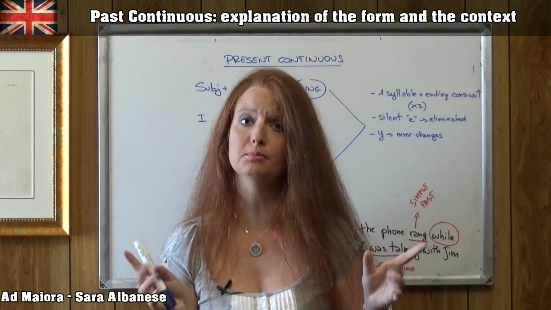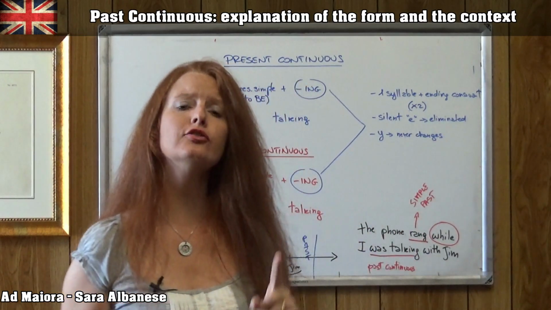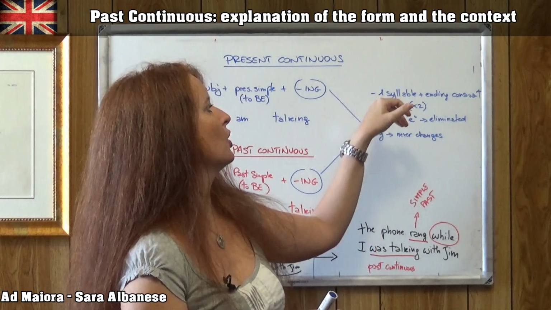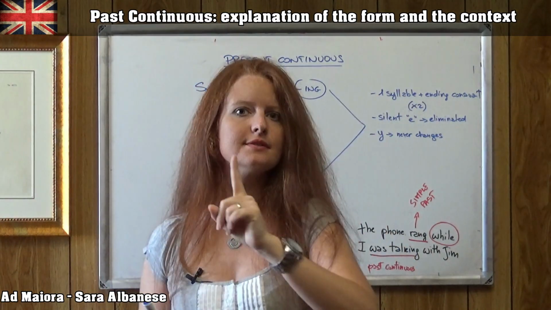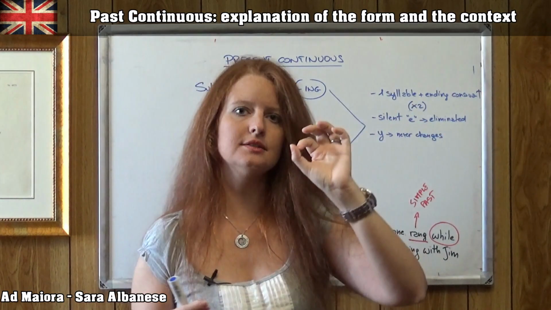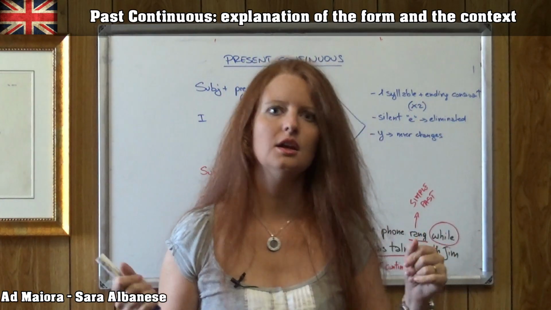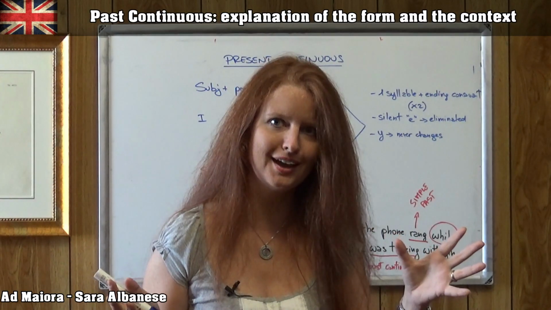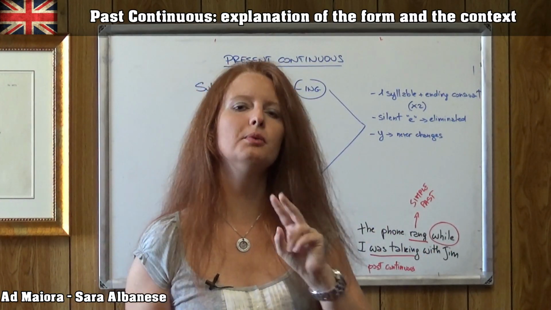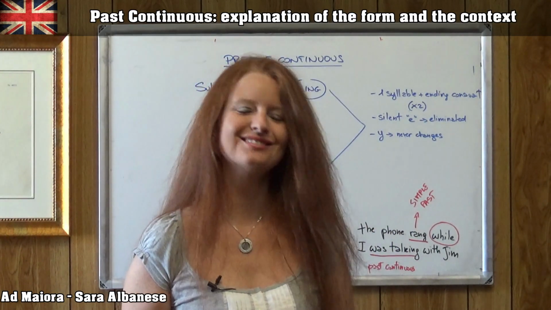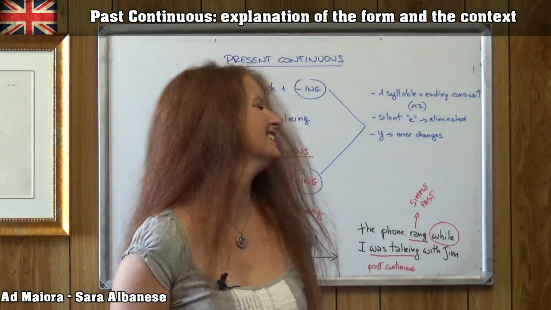So this is very simple. But pay attention if verbs are monosyllabic, so they are formed by just one syllable, and the ending is a consonant, as for example in cut, put, sit. You have to double the final consonant. It's putting, sitting, cutting, all right?